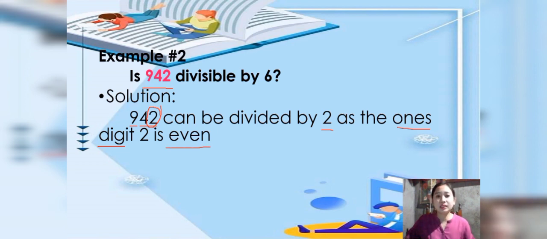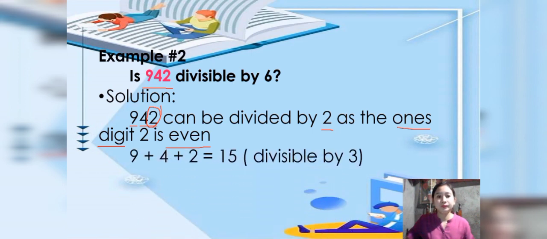So this is divisible by 2. Now, let us add together those three digits: 9 plus 4 plus 2. The sum is 15. Now, is 15 divisible by 3?